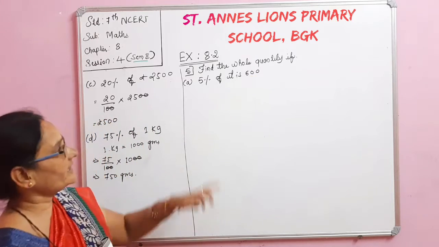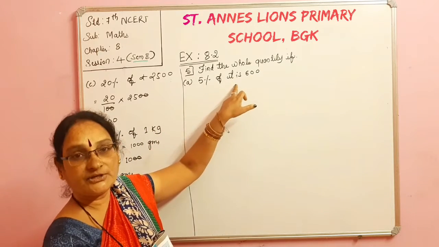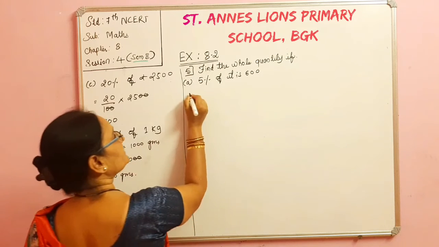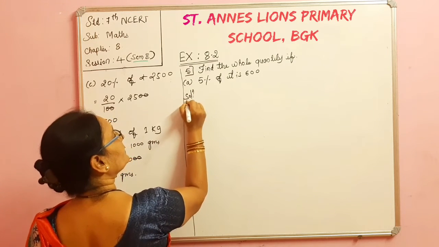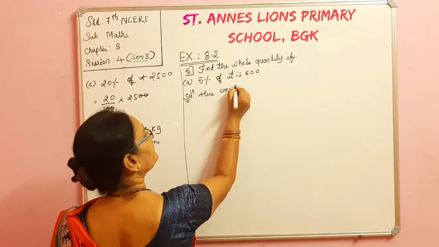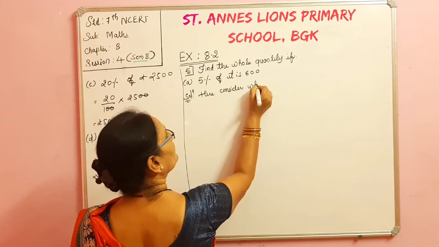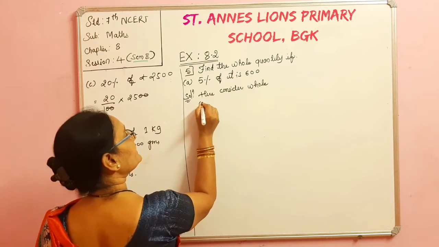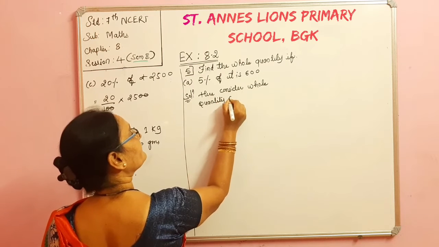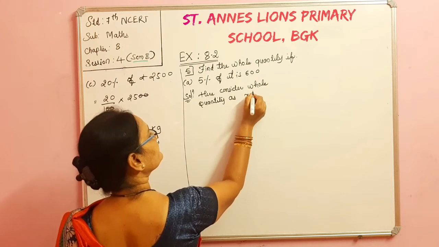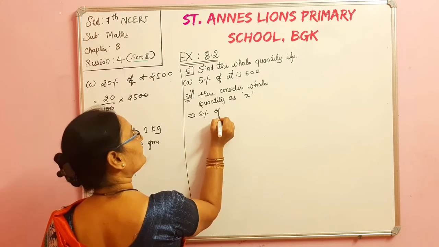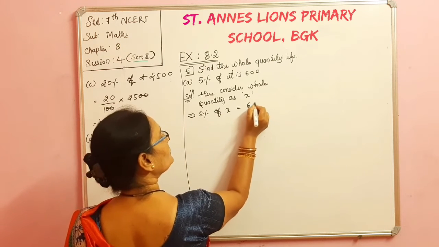See, try to understand here. 5% of it. It means what here? We have to consider it as x. Here first solution. How to write? Here consider whole quantity as x. So this implies that 5% of x is equal to 600.